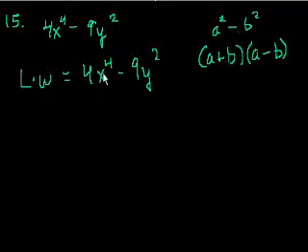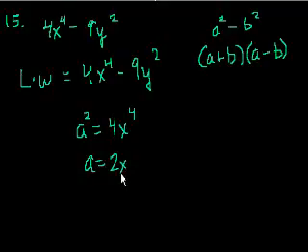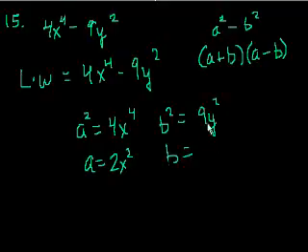And luckily, this fits that format, right? If a squared is equal to 4x to the fourth, then what's a? A would be equal to 2x squared, right? And if b squared is equal to 9y squared, then b is equal to the square root of that, which is 3y.